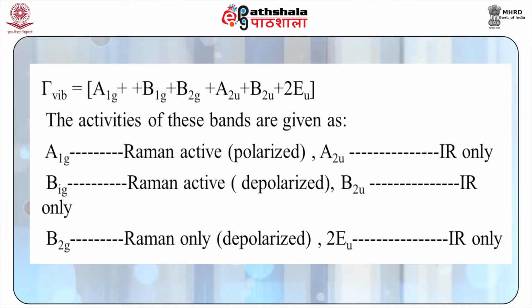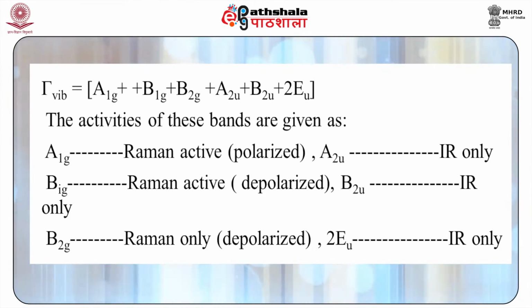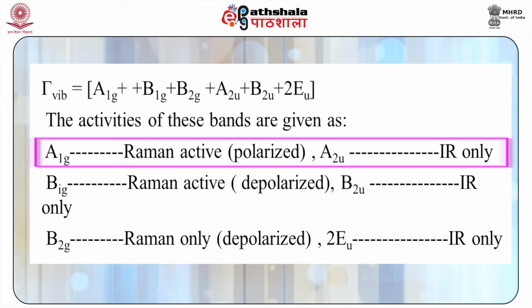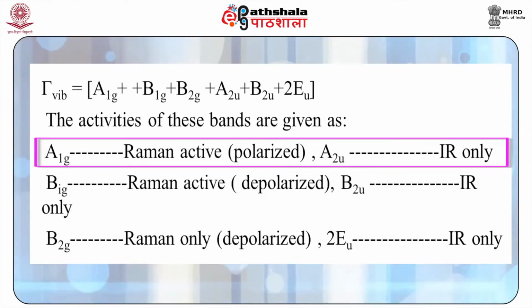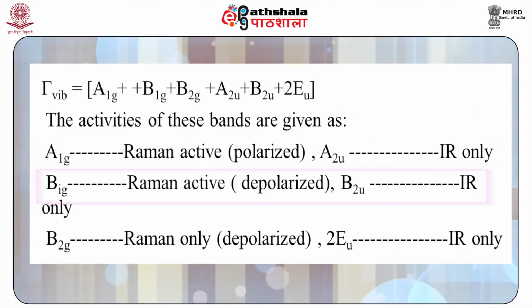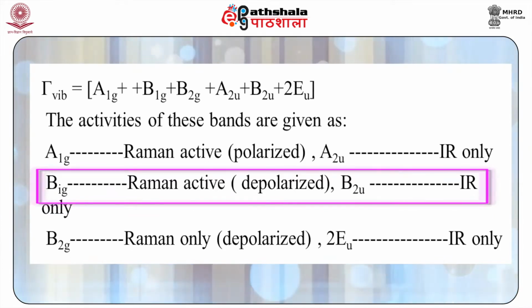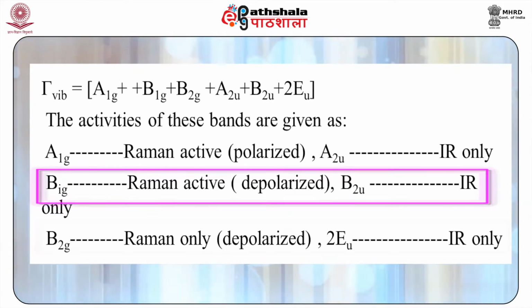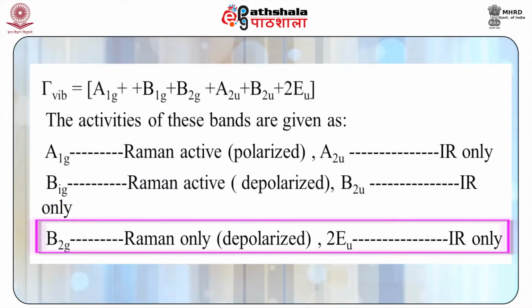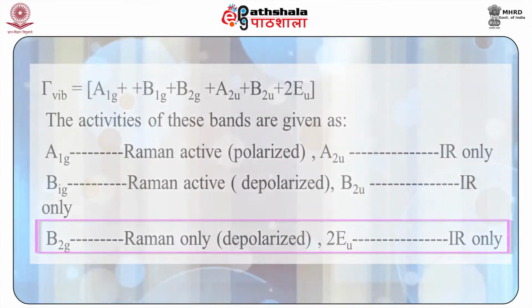The activities of these bands are given here. A1g is Raman active and polarized, A2u is IR active, B1g is Raman active depolarized, B2u is IR only, B2g is Raman only depolarized, and 2Eu is IR only.